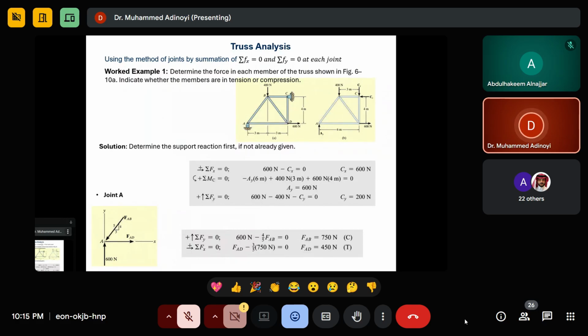You consider only one joint at a point. Don't look at what is happening at B. Don't look at what is happening at D. Don't look at what is happening at C. Look only at what's happening at A. Okay, makes sense. When you choose a joint, you concentrate on that joint. You don't care what is happening in other joints. You get the point?